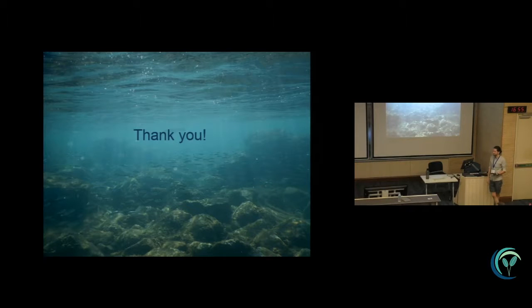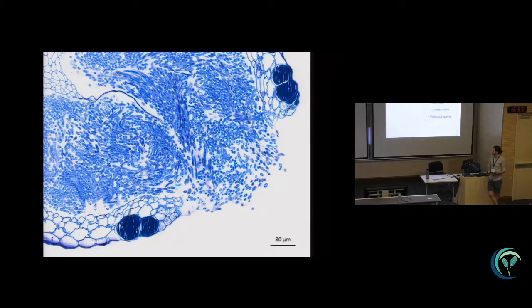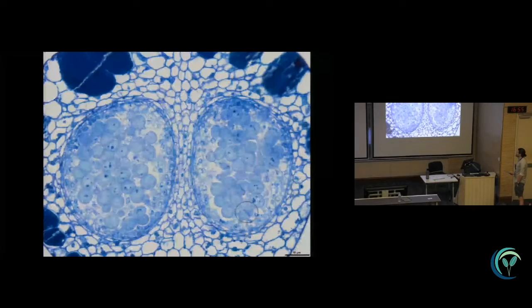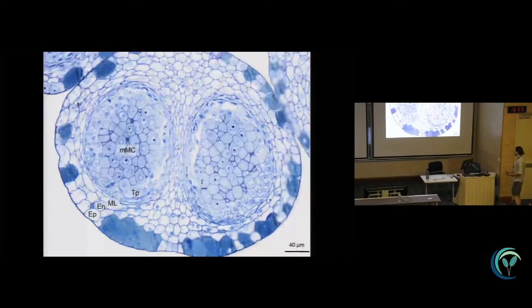Why do you call the tapetum plasmodial? Does it move or something, or is it just the shape? Oh no, it is. So the protoplasts that are inside the cells of the tapetum, let me go back. This one here.